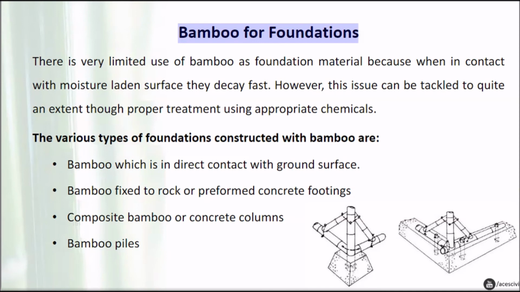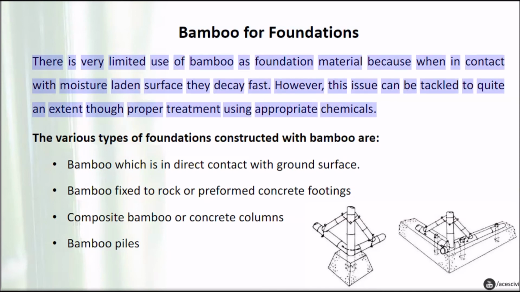Bamboo for foundations. There is very limited use of bamboo as foundation material because when in contact with moisture-laden surfaces, it decays fast. However, this issue can be tackled to quite an extent through proper treatment using appropriate chemicals.